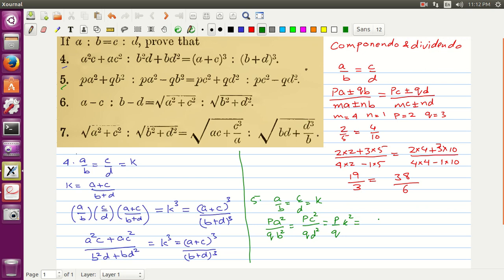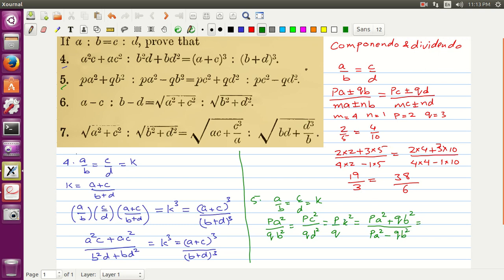Now P by Q K square will also be equal to PA square plus QB square, as now we are doing the componendo and dividendo, PA square plus QB square by PA square minus QB square.